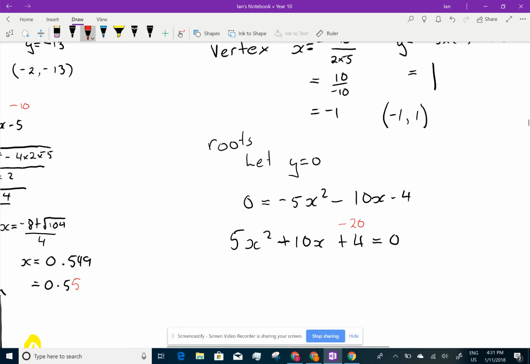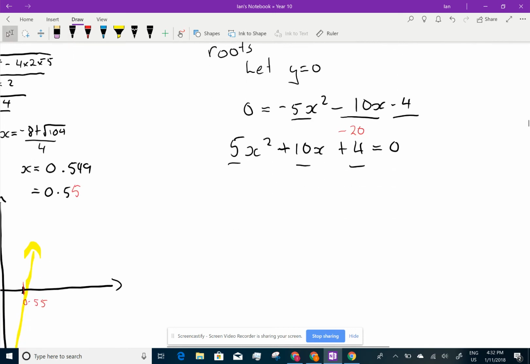I'm going to pump in the quadratic equation. Now, you could pump in the quadratic equation with these values for A, B, and C, or these values for A, B, and C. It won't make any difference. Because I reckon a lot of you will have done it with these values, I'll do it with these values, just so you know.